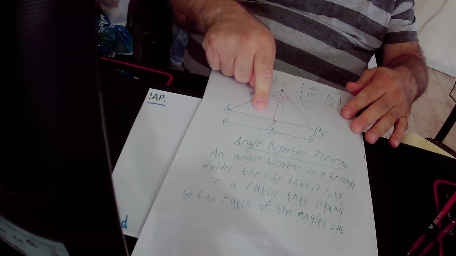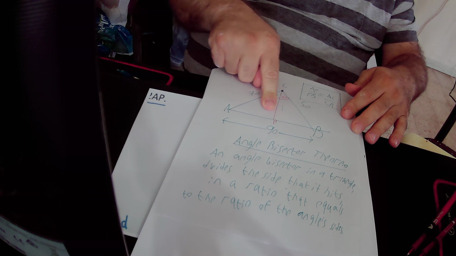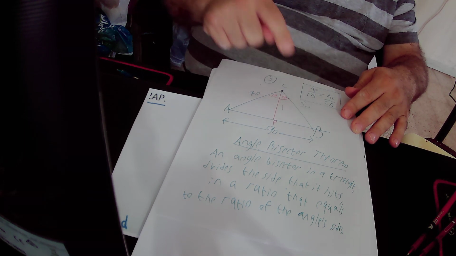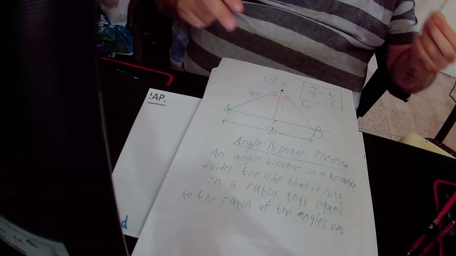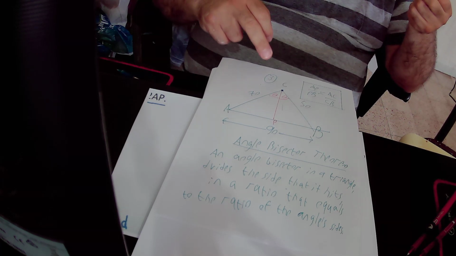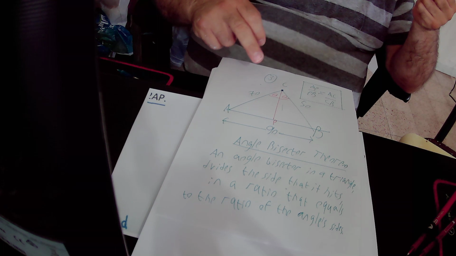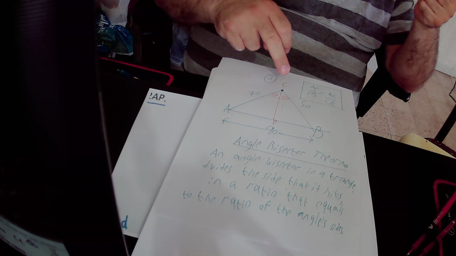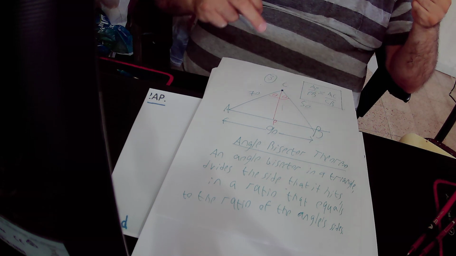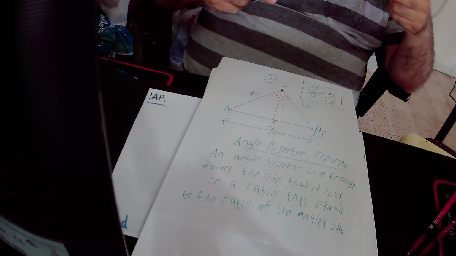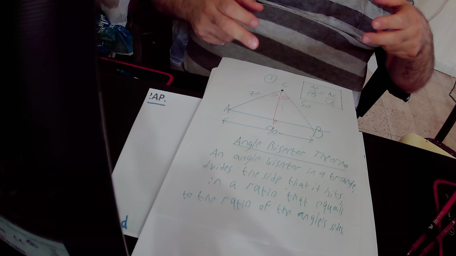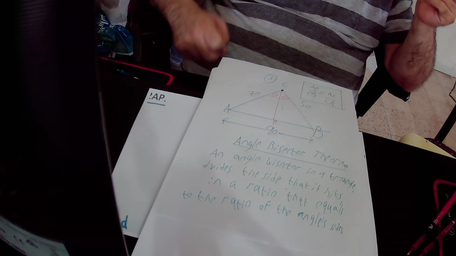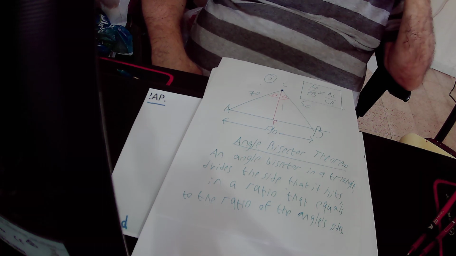The ratio between those two parts, AP over PB, equals the ratio of the angle sides, which is AC over CB. So the ratio AC over CB equals the ratio AP over PB. Okay?